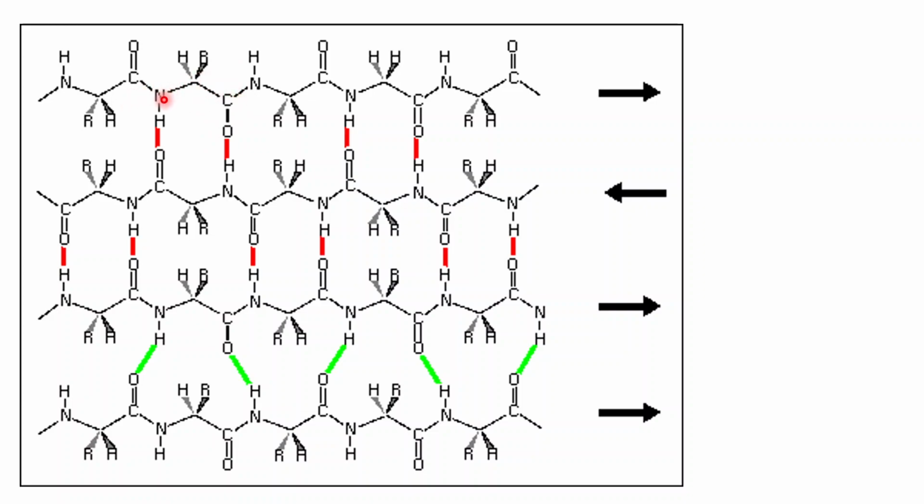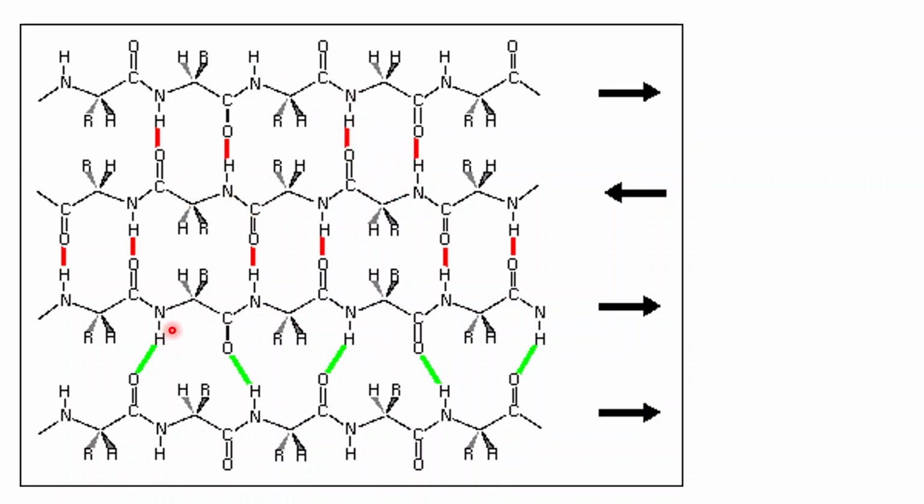So both the amino and the carboxylic groups form hydrogen bonds with the carboxylic and the amino group of the same amino acid on the adjacent strand. Okay, so in that case it is anti-parallel.